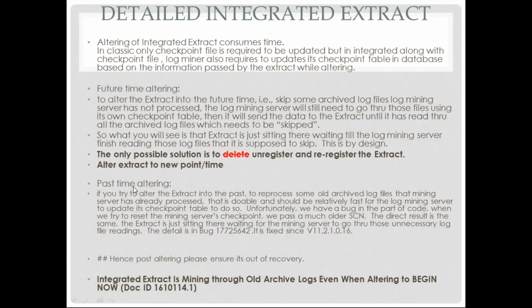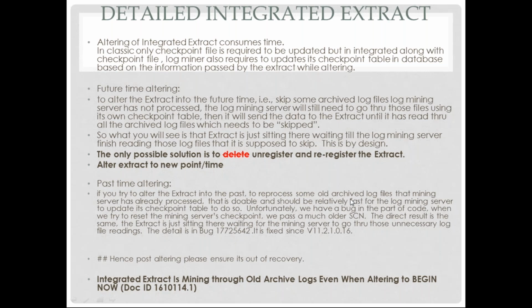Okay, great. Now past time altering. So past time, as I told you, is when you want to take the extract backwards from the current time. If you try to alter the extract into the past to reprocess some old archives, it means you are going to make it read the archives again, right?